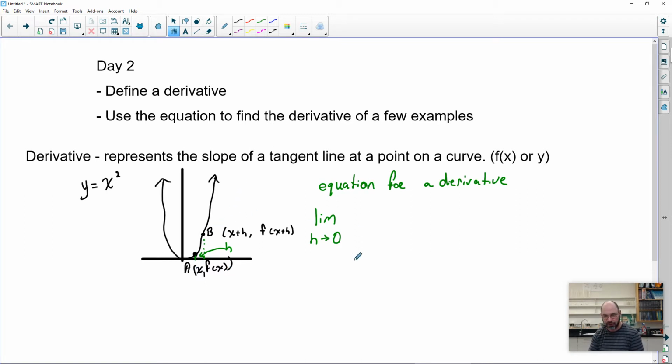If you remember slope, slope equals y1 minus y2 over x1 minus x2. So y1 is this one here, f of x plus h, minus, and this one will be our second one, f of x.